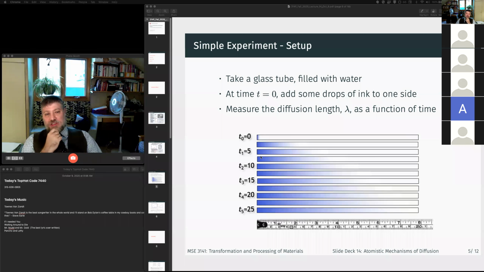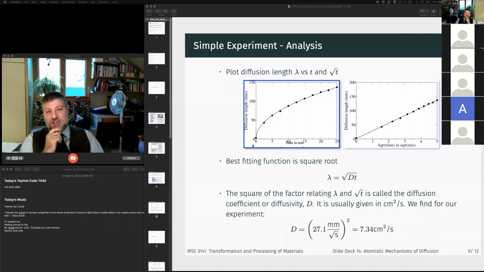At time equals 0, you add a little bit of ink to one side, and you measure how far the ink has gone, or the diffusion length, lambda, as a function of time, right? You can look at the tape measure and do this, or you can just trust me that these are the actual values.